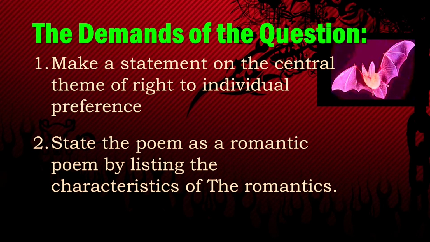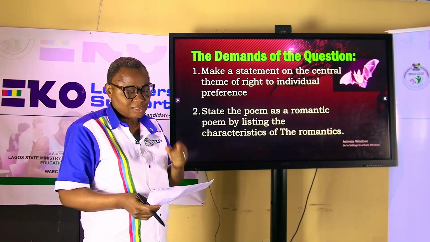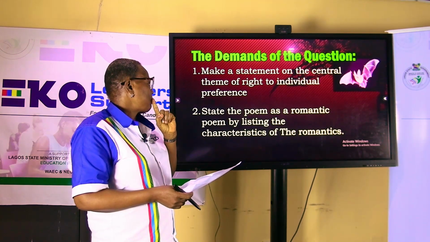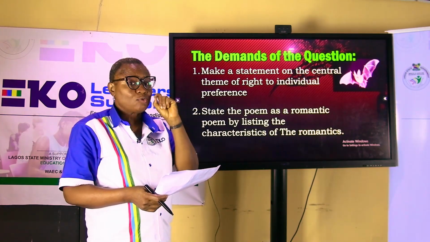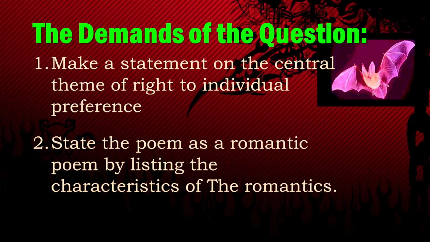Number 1, make a statement on the central theme of right to individual preference. And that is one of the major characteristics of romantics. Number 2, state the poem as a romantic poem by listing the characteristics of the romantics.